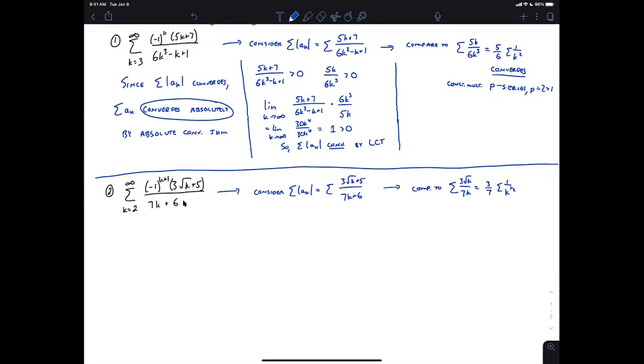All right. And so then the series over here diverges, because it's a constant multiple of a p-series where p is equal to 1/2, which is less than 1.